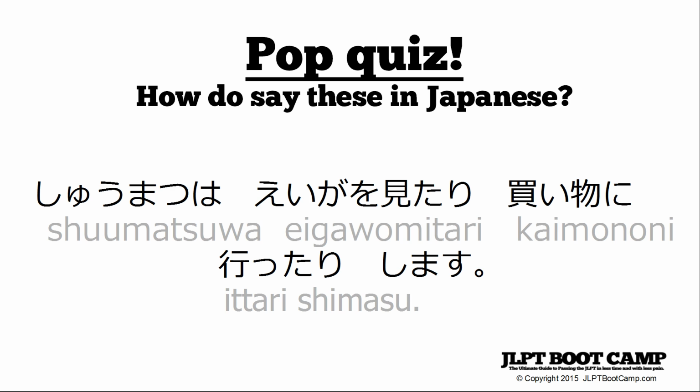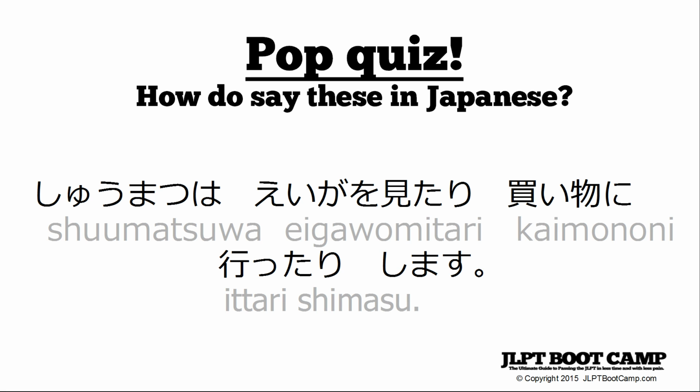So shumatsu is weekend, wa is the topic marking particle, eiga is movie, o is the object marking particle again, mitari is to see, and then the next one, kaimono ni iku. So kaimono is shopping, ni is the particle that means kind of going towards.